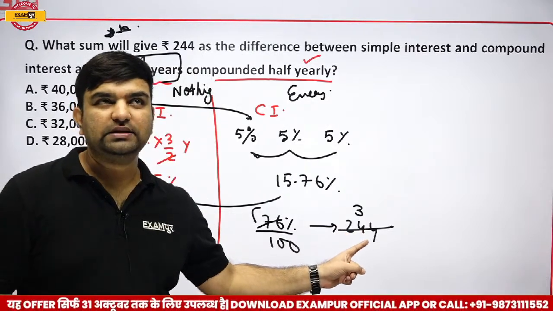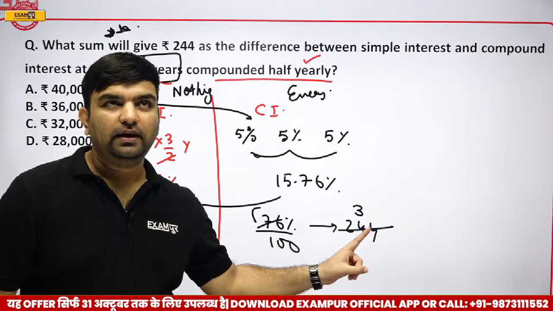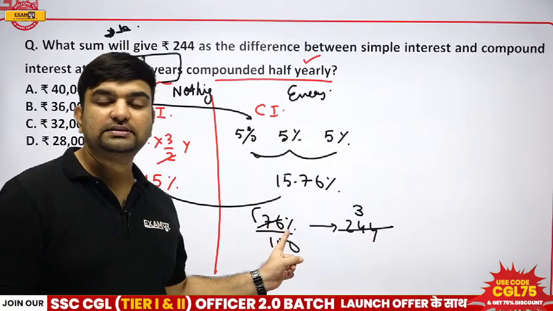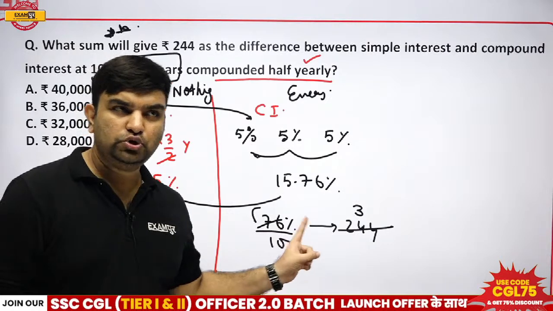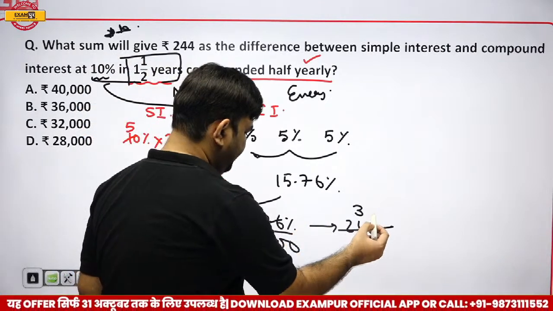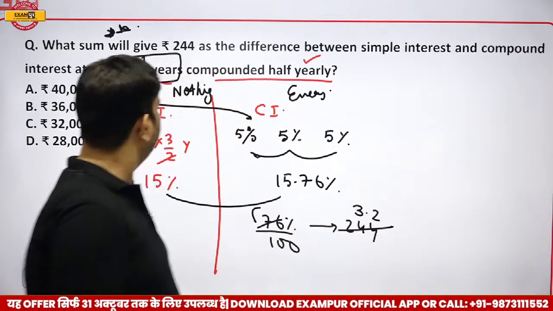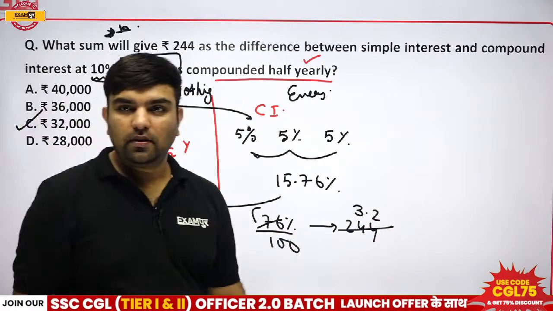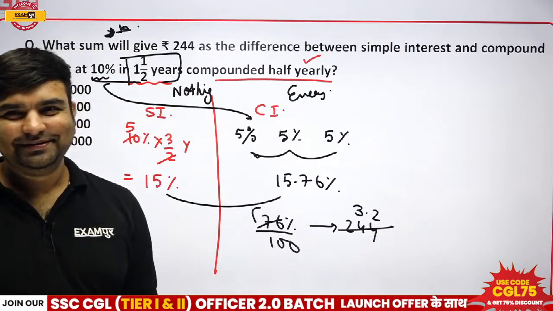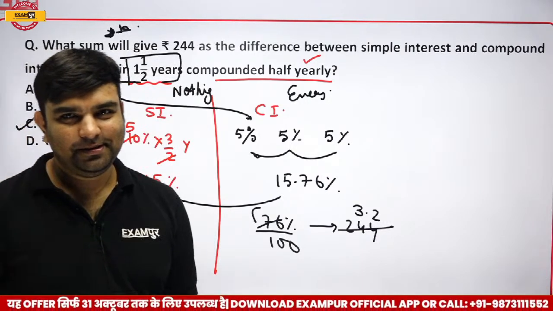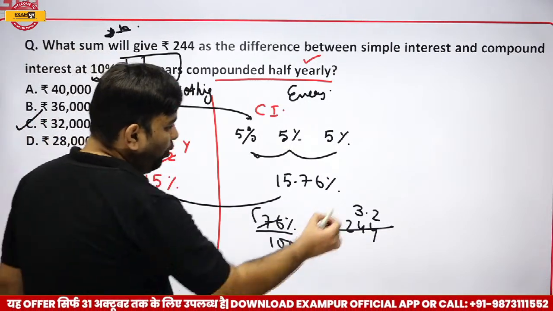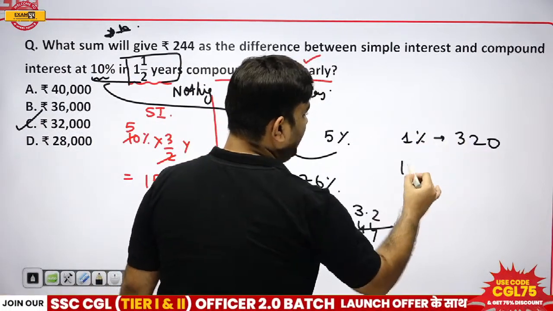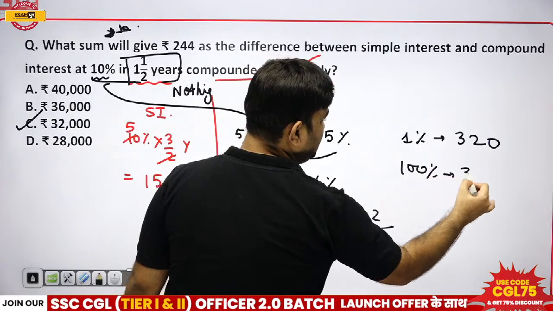After 228, it's 14 plus 2, 16. And 16 is 160, and 160 is 3.2 something. So 1% is 320. So 100% is 32,000.